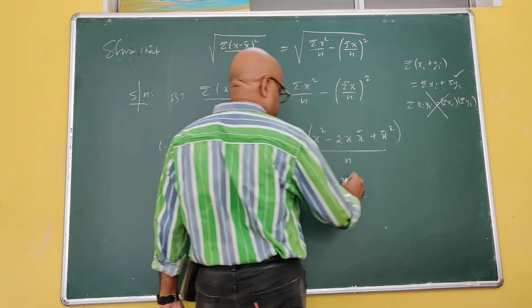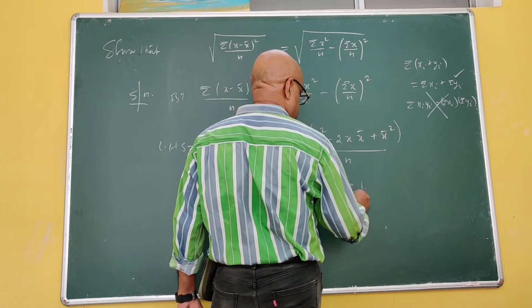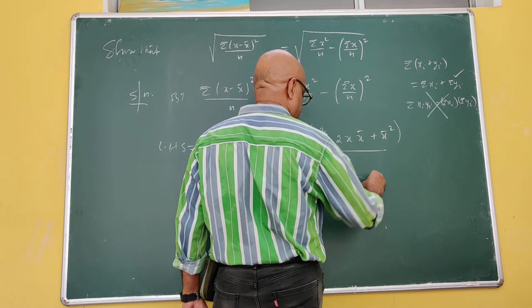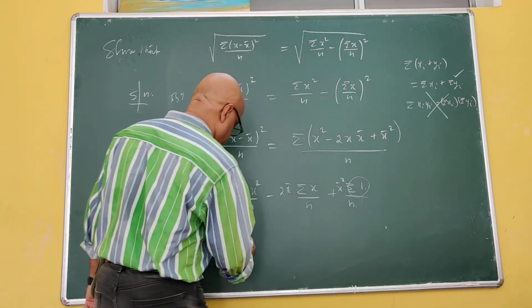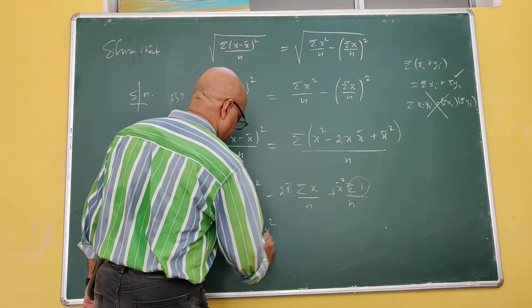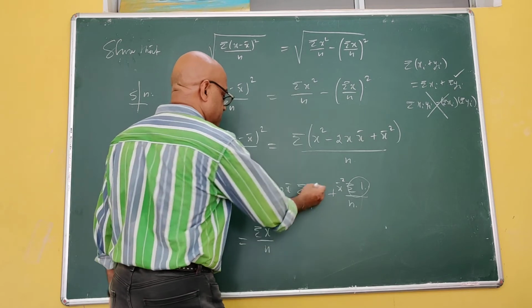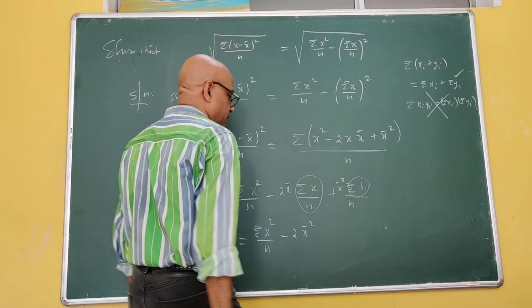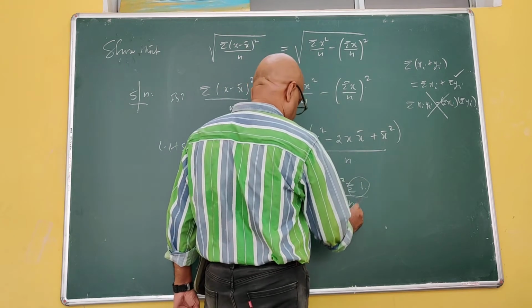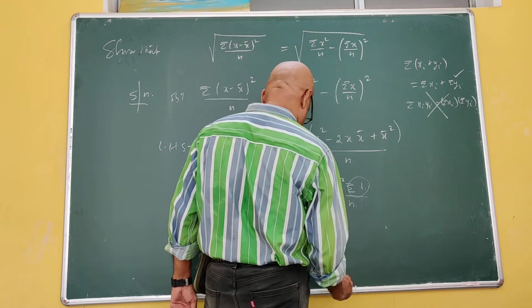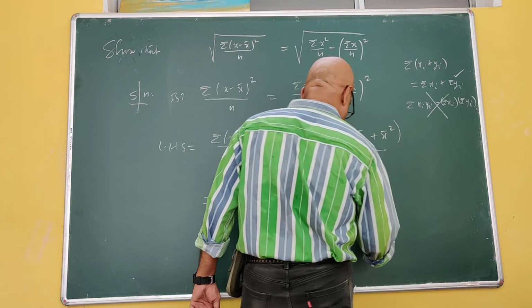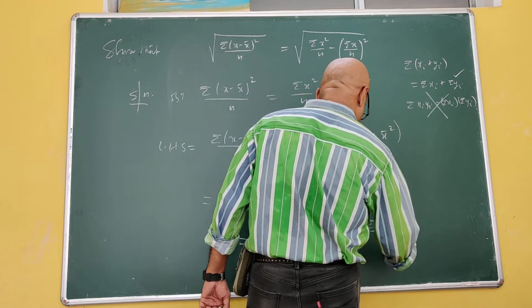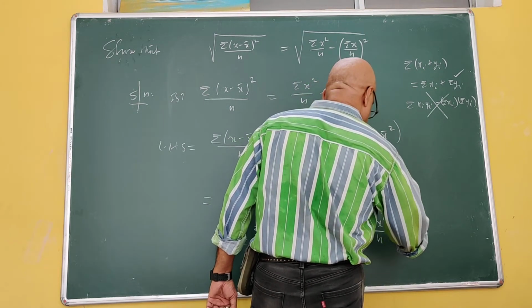Summing 1 n times gives n, so the n cancels and you get x bar square. This finally becomes summation x square divided by n minus x bar square.